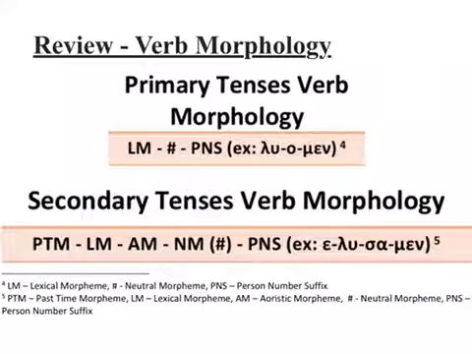The secondary tenses, which we've already learned, have the past tense morpheme, which would be the epsilon, the lexical morpheme, the aoristic morpheme, which would be the sigma alpha, sa, and the neutral morpheme and the person number suffix. So we learned the aoristic morpheme last time, which is the sigma alpha. Everyone understand all that? Pretty simple. So you can break the verbs down into two systems, primary and secondary, and that can kind of help you out.